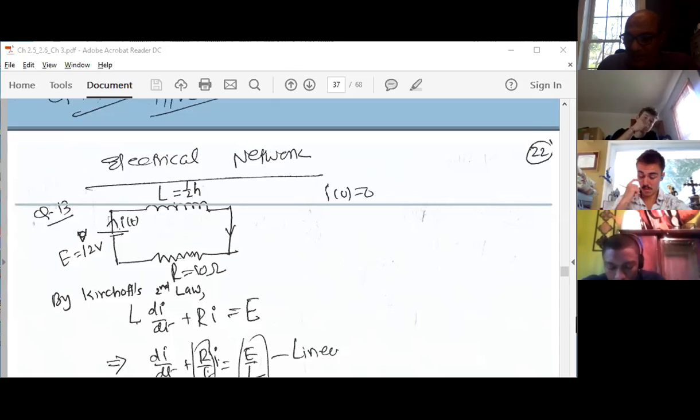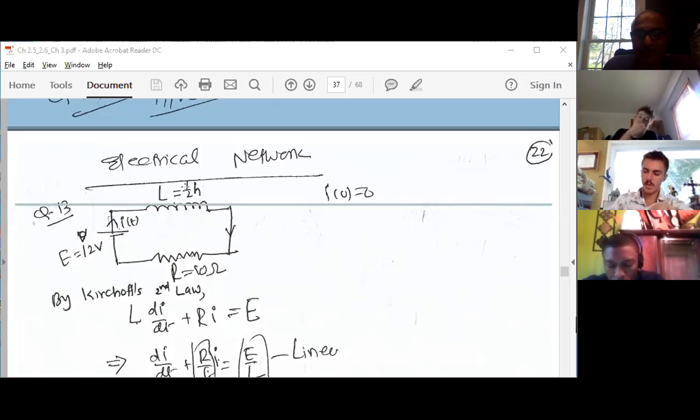So you can see over here, a 12-volt battery. Whenever you are asked an electrical network question, first of all, go through the figure and draw the picture like this. This is the battery, and then this one is the inductance, usually represented like this.